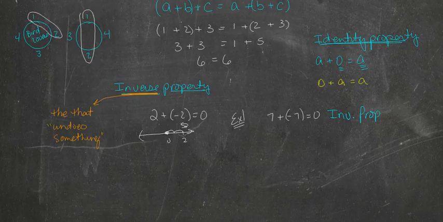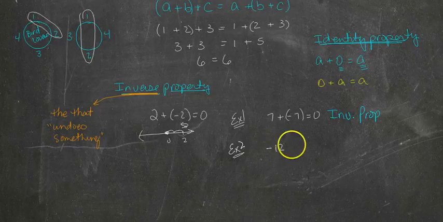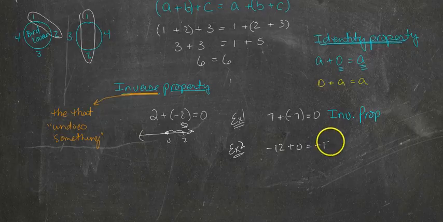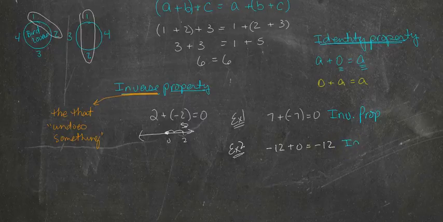All right. Example 2, let's look at negative 12 plus 0. So what property is this? Well, what do I get when I do that? I get myself back, right? I start with negative 12, I add something to it, and I end up with negative 12 back. That means I have the identity property.